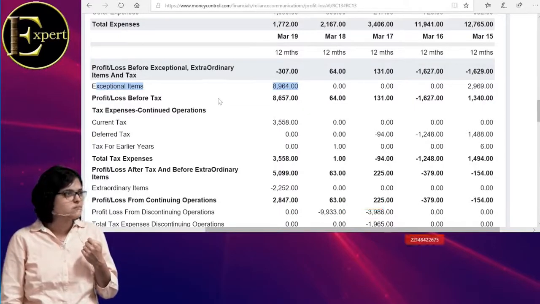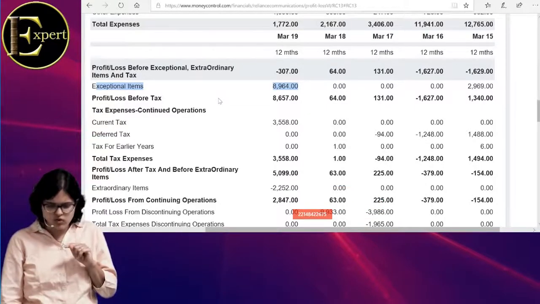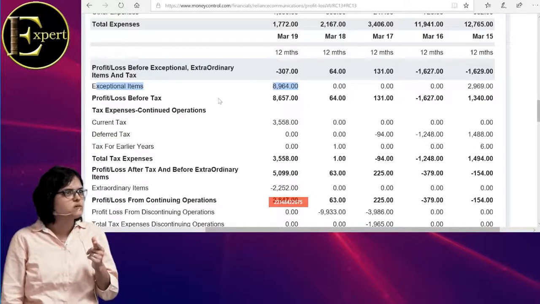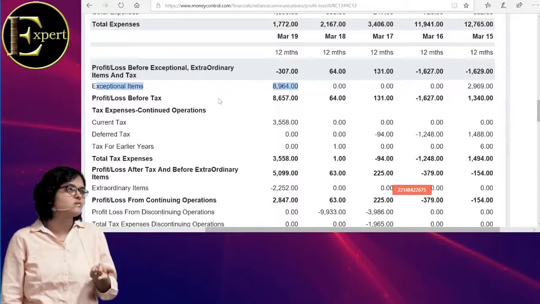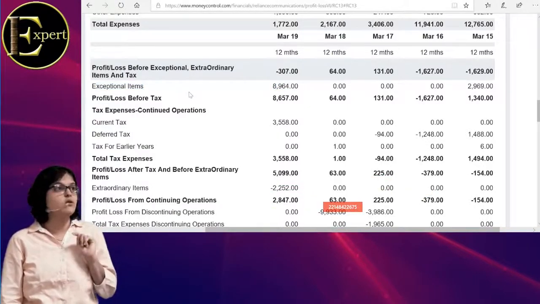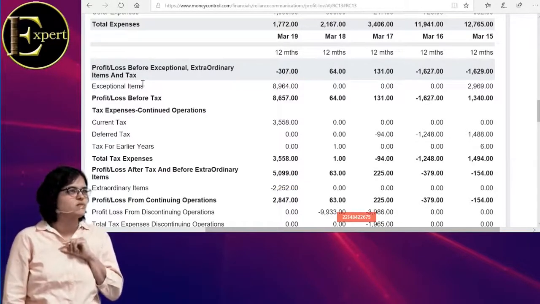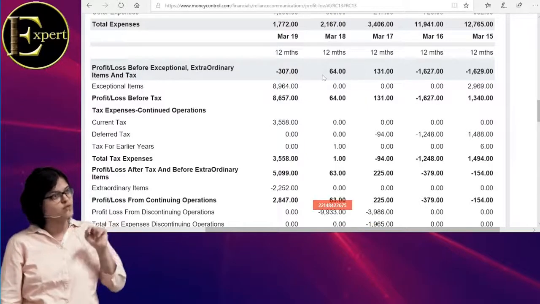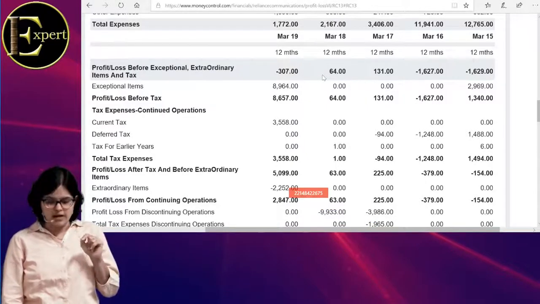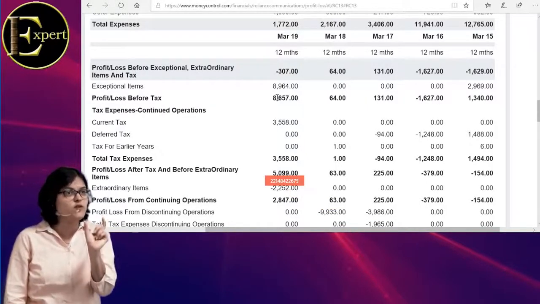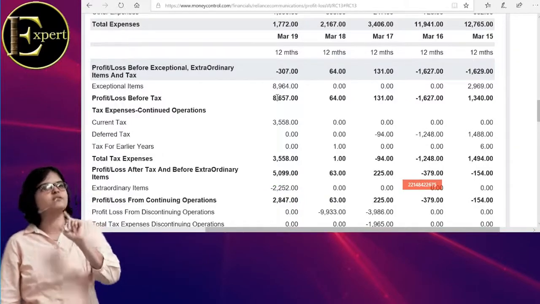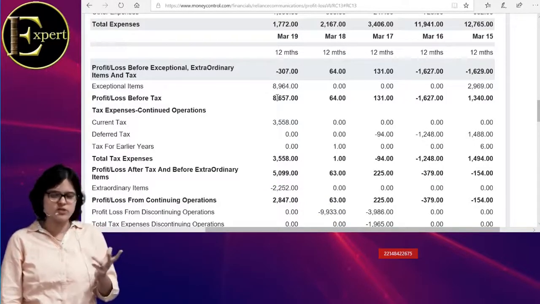Is this your ordinary business, or is this something other than your ordinary business? Other than your ordinary business. And if you download their annual report, proper annual report, you'll also exactly come to know what is this exceptional item. In money control, you'll not get the details of what is this exceptional item. But a best example could be sale profit that you have earned from sale of fixed assets, sale of machinery, sale of plant, sale of towers.